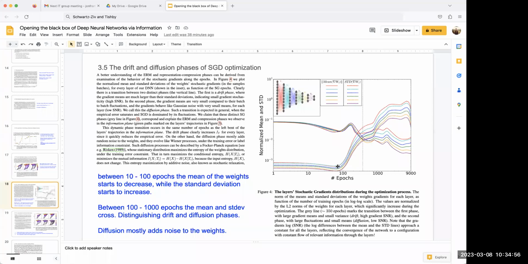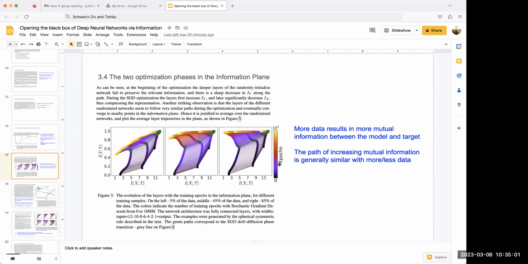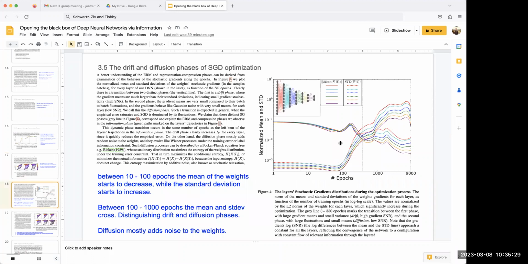So this happens near 100 epochs here, and if we look back at this figure, I guess we can't tell from the color coding, but I was going to try to make a claim that this inflection point in the information plane, where the mutual information increases with the output and then starts to decrease with the input data, is the beginning of that compression phase rather than the learning phase. And that's what I think is happening here.